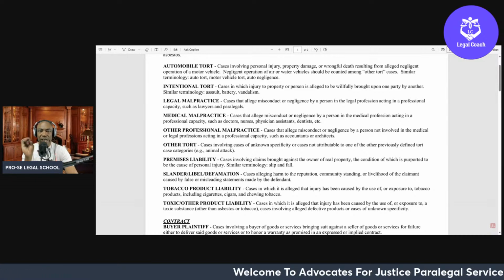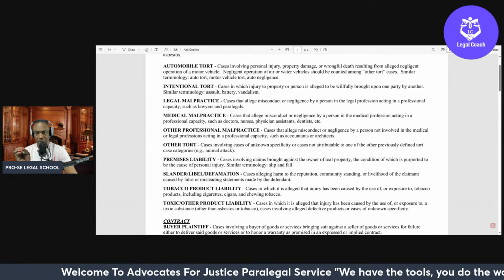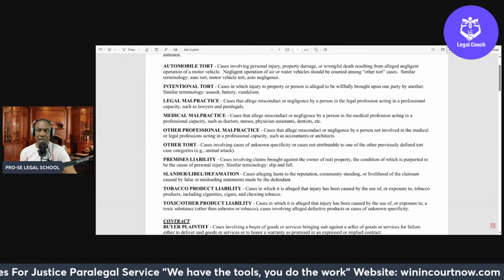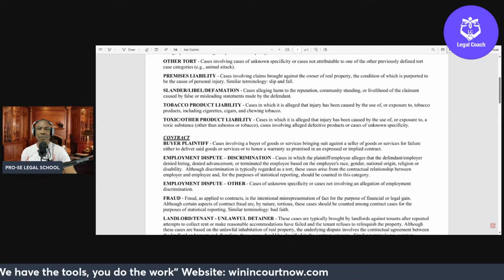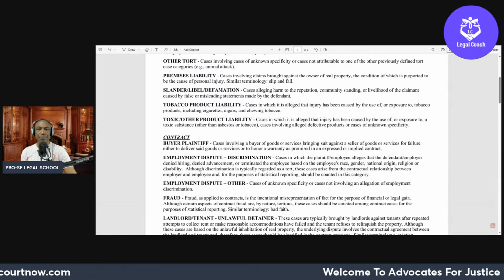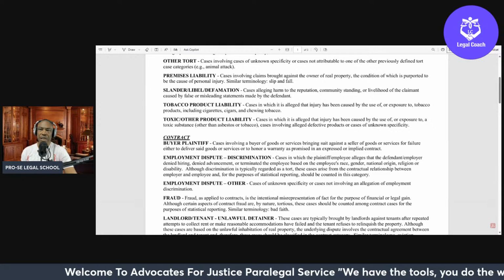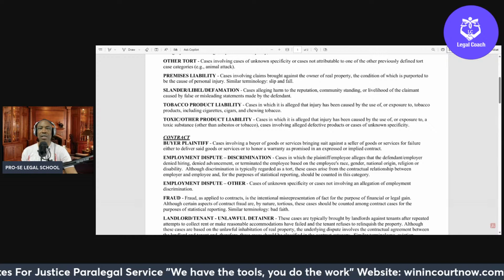Now, there is something that I want you to notice. Cases alleging harm to reputation, community standing. Contract, buyer plaintiff. Buyer plaintiff involves cases of goods or services, bringing a suit against the seller for failure to deliver said goods.